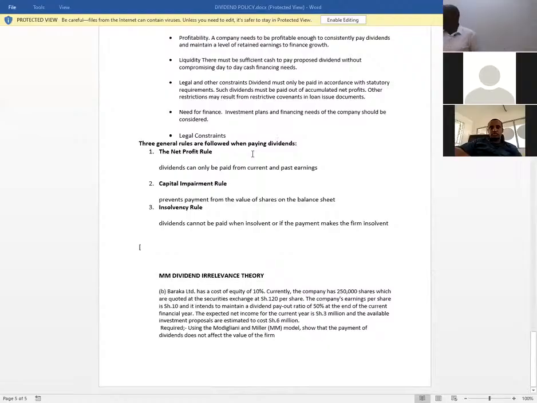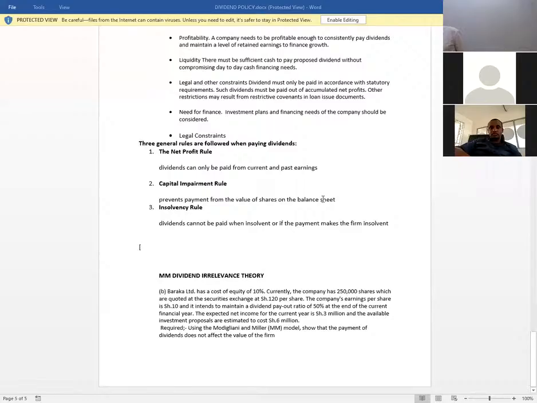The general rules and legal constraints: three general rules are followed when paying dividends. Number one, the net profit rule: dividends can only be paid from current or past earnings. Capital impairment rule: prevents payment from the value of shares on the balance sheet.